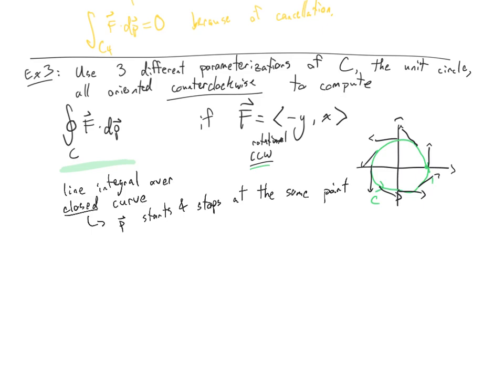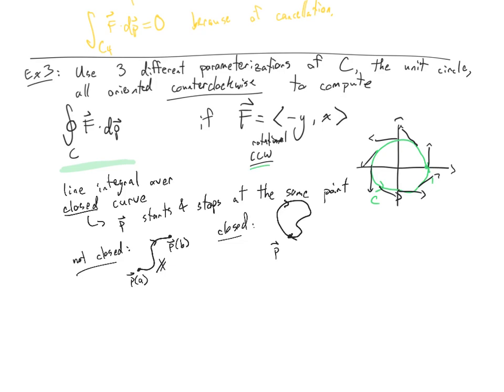So open curves, or not closed curves, would be some path going between two different points, but closed curves are paths that start somewhere and then come back to where they stop. So for an open curve, P of A, if A is where you start, and P of B do not have to equal each other.